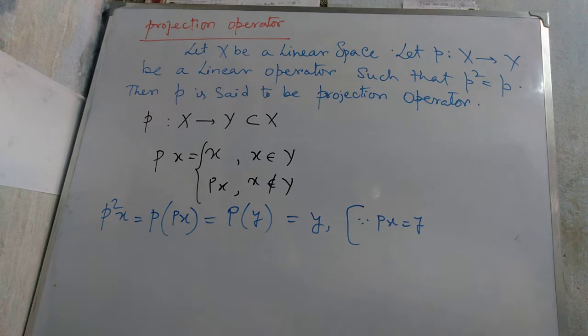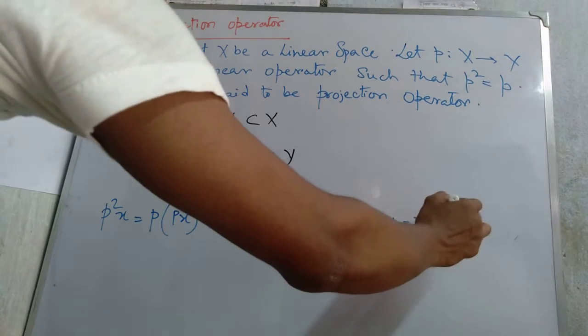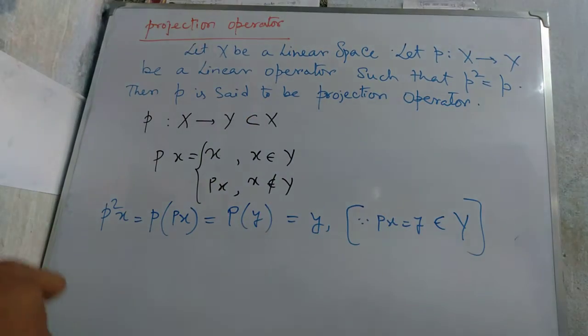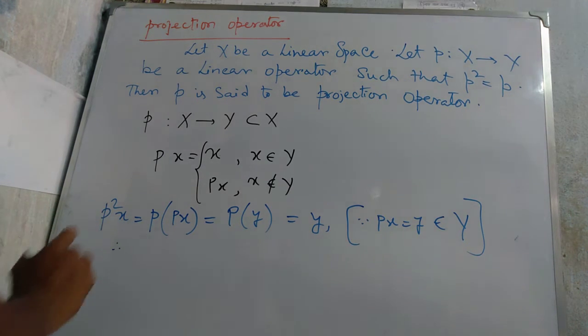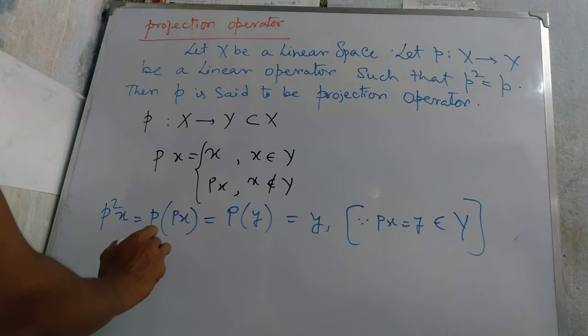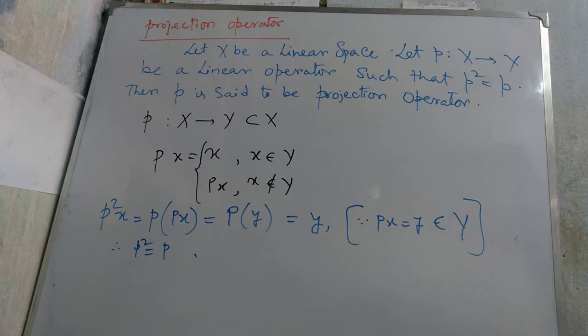Okay, and since y belongs to this Y, so this one holds, this implies that P square equal to P, so P be a projection operator.